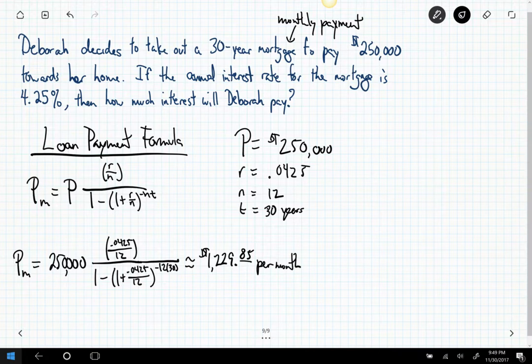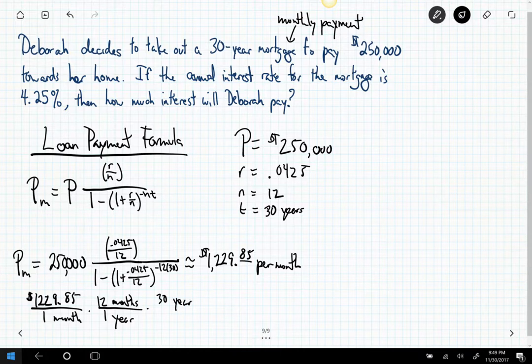Now, let's think about this. How much are we paying over the life of the loan? So we have $1,229.85. That is per 1 month. There is 12 months in 1 year. And there's 30 years for the one mortgage.